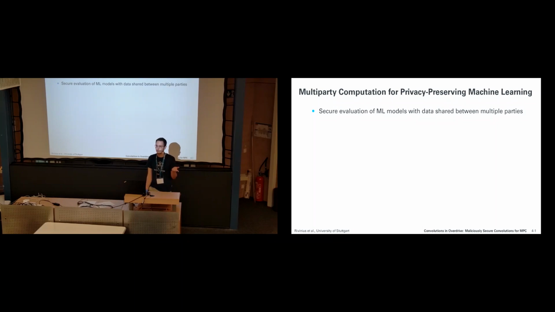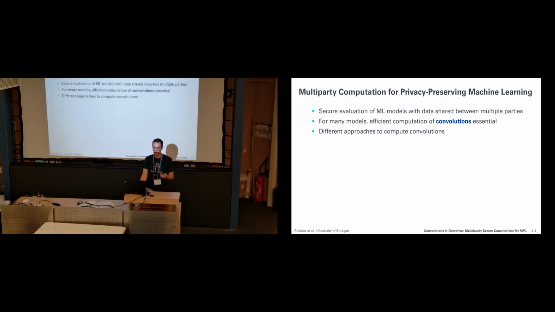Then MPC for privacy-preserving machine learning, or PPML. Assume we want to do exactly this, so secure evaluation of a machine learning model like before, and for a lot of machine learning models, convolutions are important. Not only convolutional neural networks, but also other models can have convolutions as part of them.